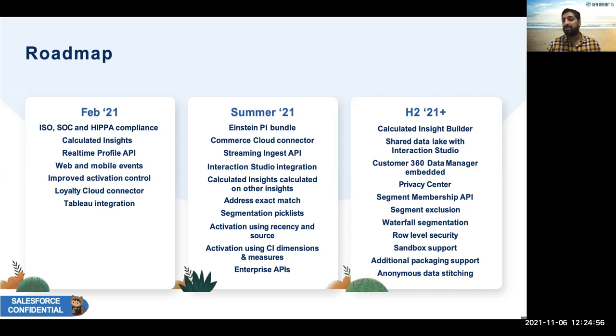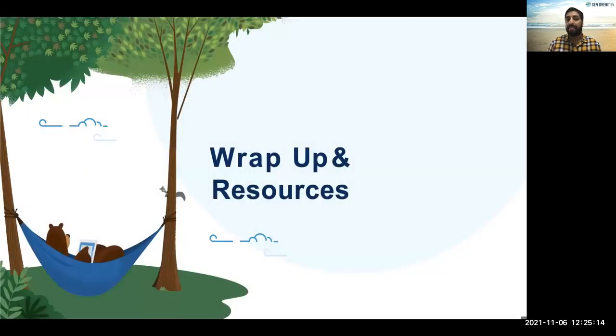So zero anonymous data stitching, additional packaging support. It's all a part of the roadmap, and it will definitely help you out for making things easier. I think the product team is keen on it, and they're implementing step by step on making lives easier for digital customers. And that's all.